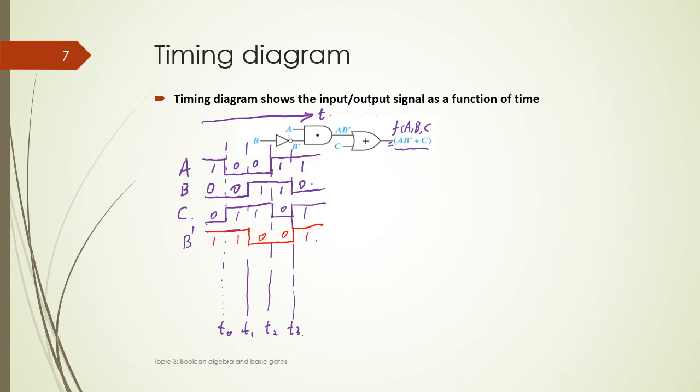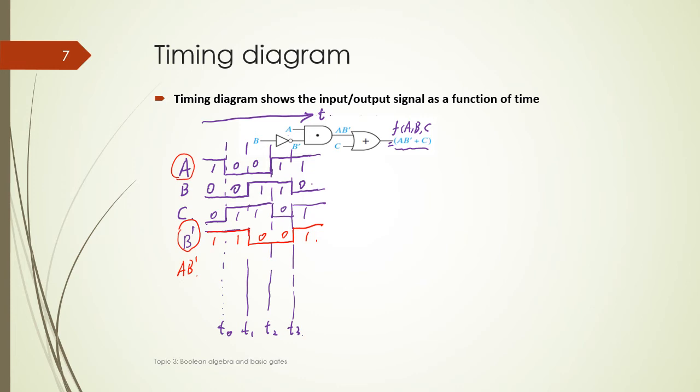Okay, the A and B prime. How do we find the diagram for this? This is an AND function, but the two variables are A and B prime, right? If you think about the property of the AND function, the output will be 1 when both inputs are 1.